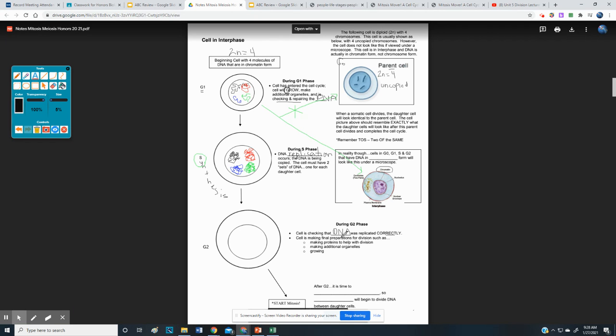Imagine you had to do 1 billion math problems and you only messed up and got the answer wrong on one of them. You'd be pretty darn accurate, right? So the cell is incredibly good at replicating the DNA, but it does make mistakes. So almost every time your DNA gets copied, there's 4 mistakes. And your cell in G2 needs to find those mistakes and correct them.